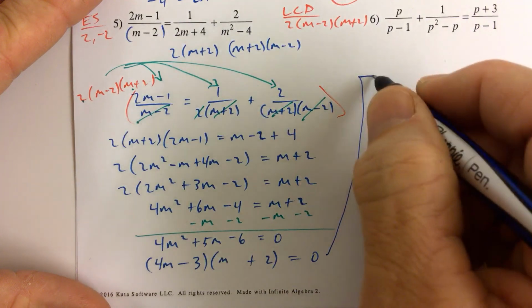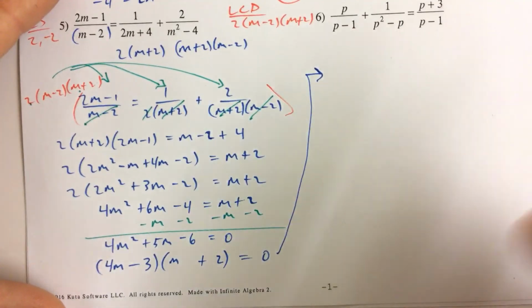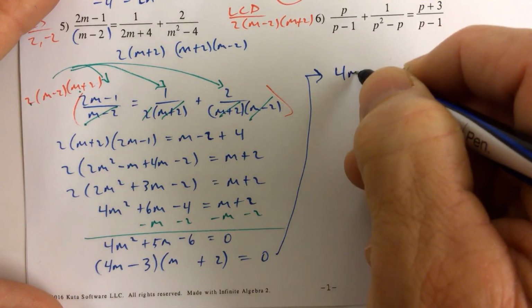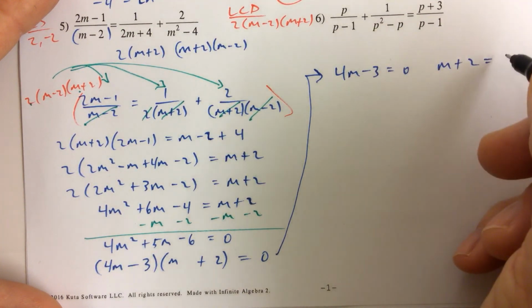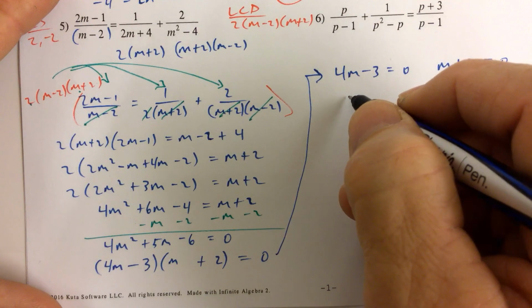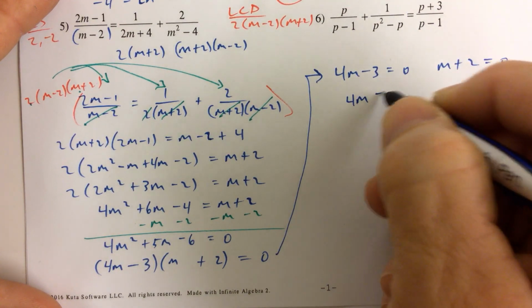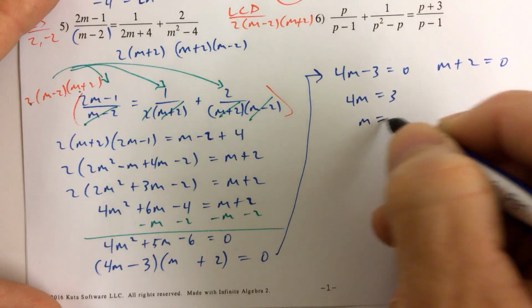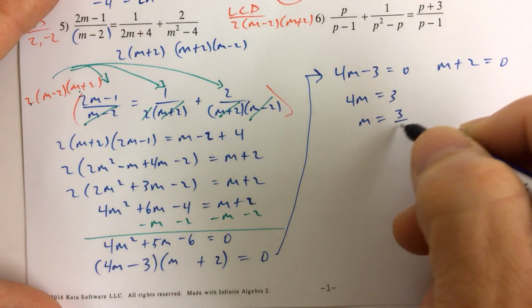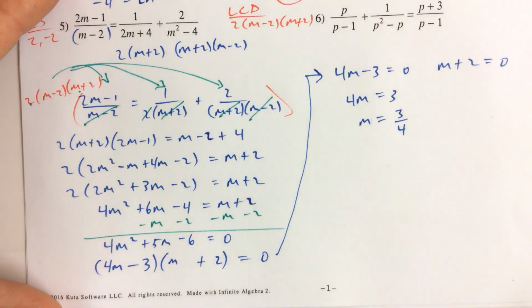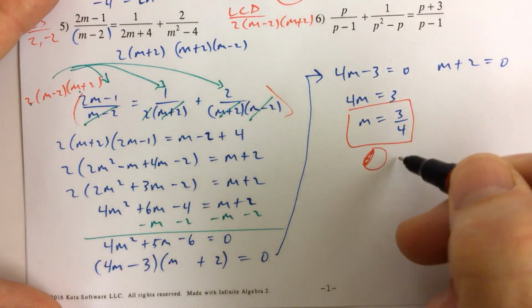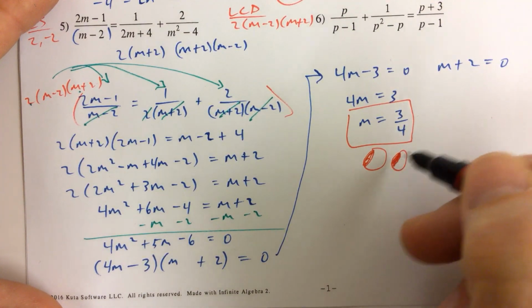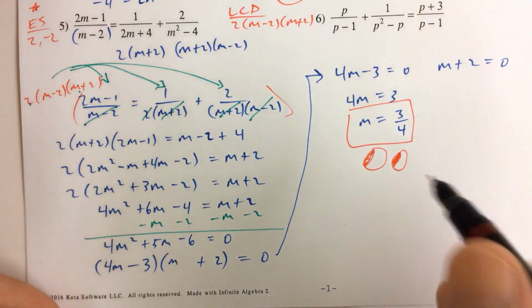Anyway, now let's move on up here and set each of these factors equal to 0. 4m minus 3 equals 0, and m plus 2 equals 0. For 4m minus 3 equals 0, if you add 3 to both sides, we get 4m equals 3. And then when you divide both sides by 4, you get m equals 3/4. When you look back at the extraneous solutions that we've already identified, 3/4 is not one of those numbers, so we're good.